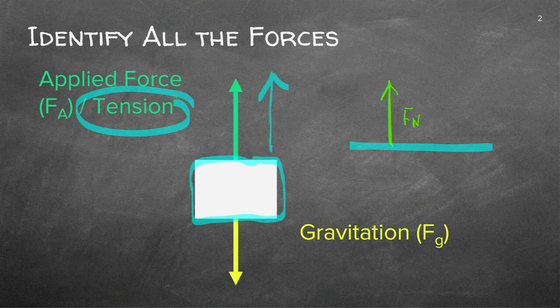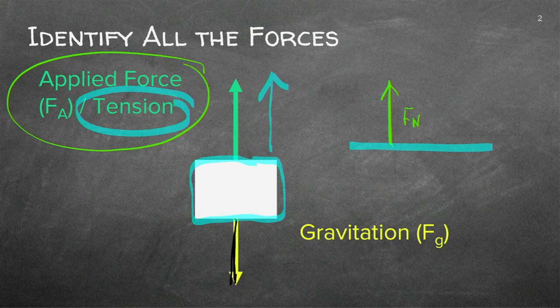So if you're pulling something, you'll still have an applied force pulling it upward. And then we know there's always gravity. Gravity is towards Earth, so I can actually draw that force first, before you do anything else, because you know it's always there.